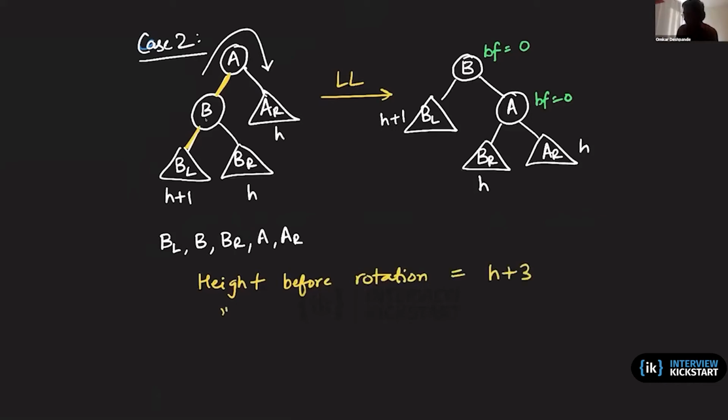What about the height after rotation? After rotation, this height is h plus 1. On the left subtree B sub L side also we have a height of h plus 1. So when we go up to B, including B, we would have a height of h plus 2. So the height has reduced.